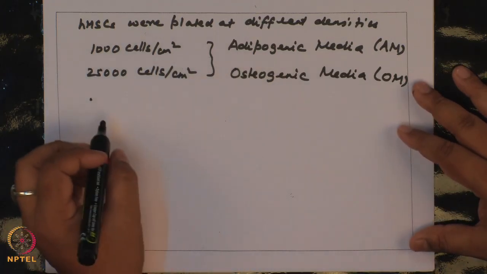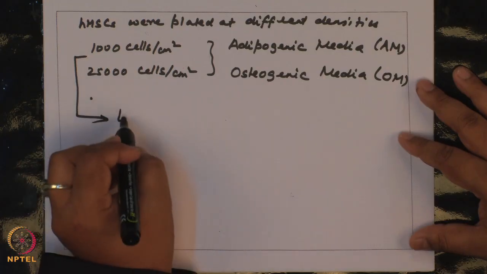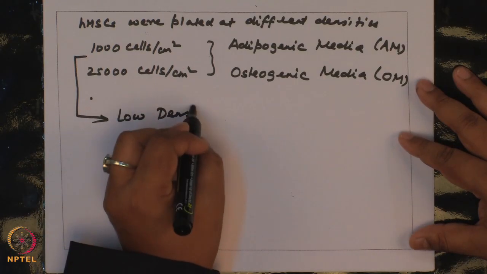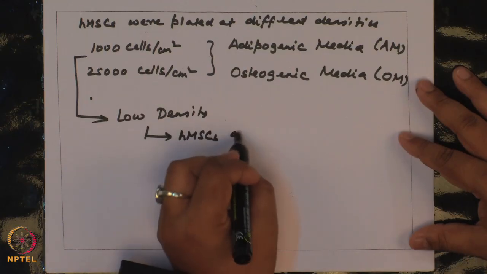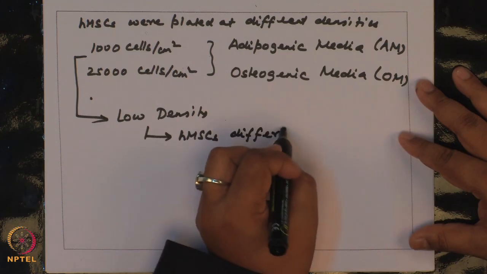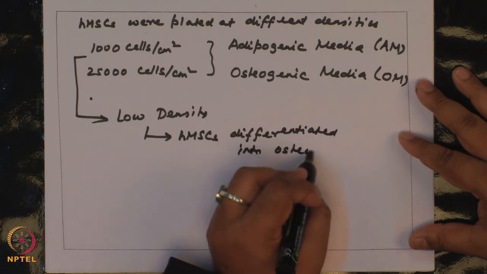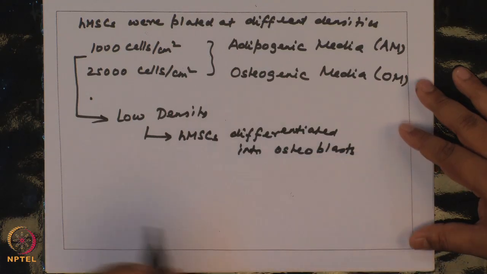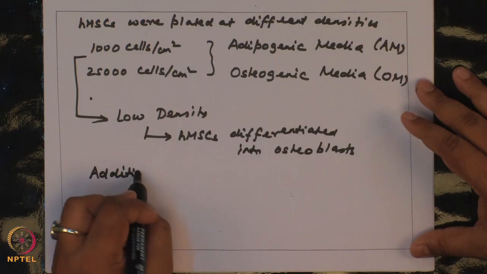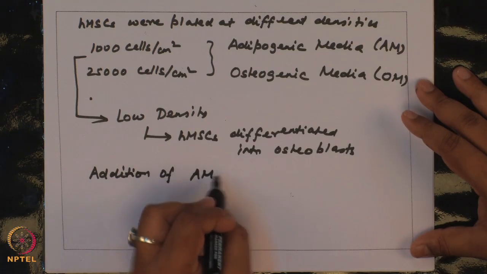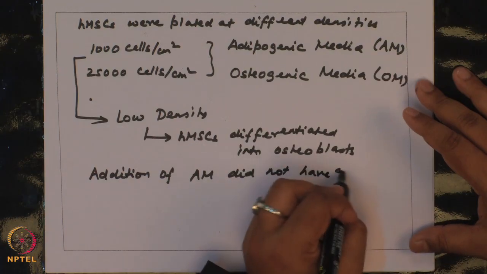Now, what they found was when they plated cells at this low density, all the HMSCs differentiated into osteoblasts. And even the addition of adipogenic media did not have any influence.